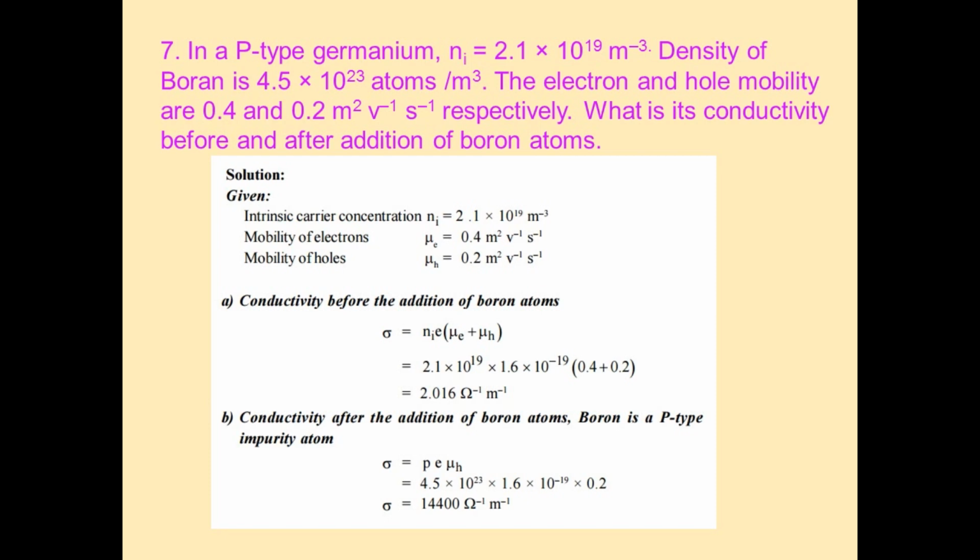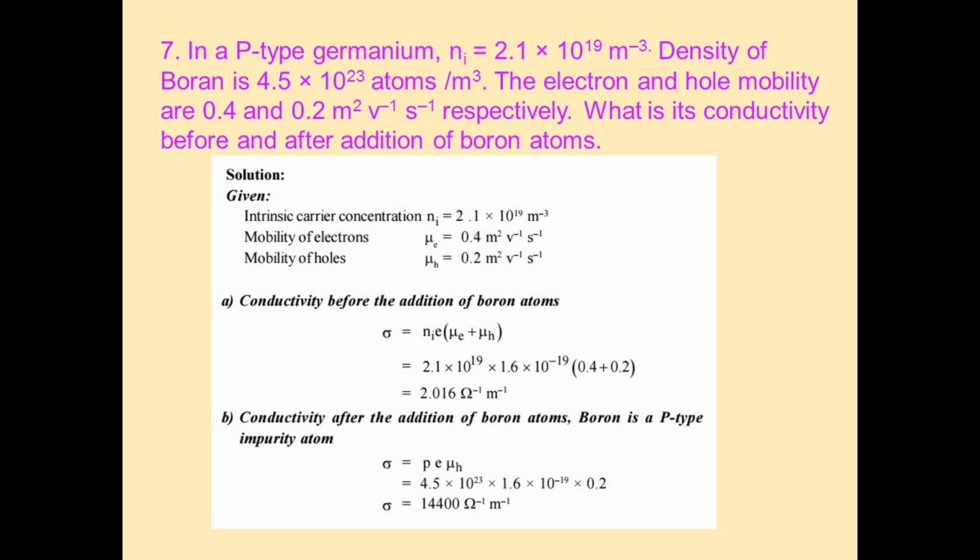What is its conductivity before and after addition of boron atoms? In this problem, we have to calculate the conductivity before adding the impurity and after adding the impurities. In the theory part, we discussed that by adding impurities to a pure semiconductor, conductivity increases. In this problem, you can understand that.